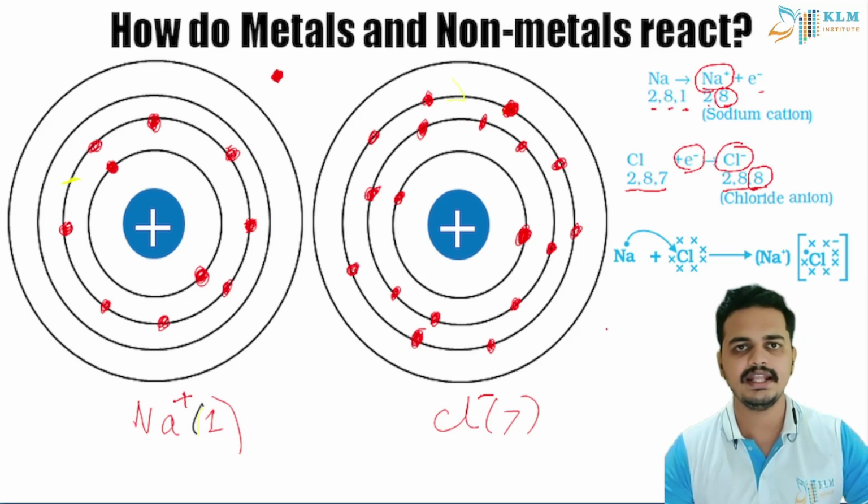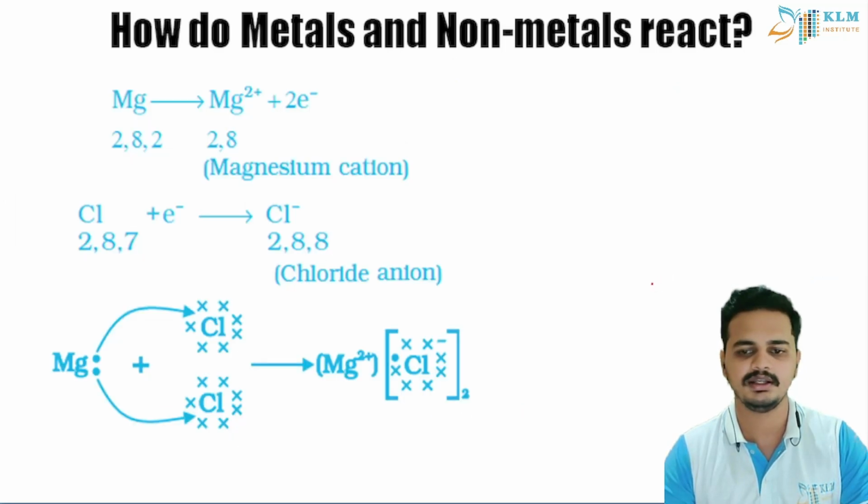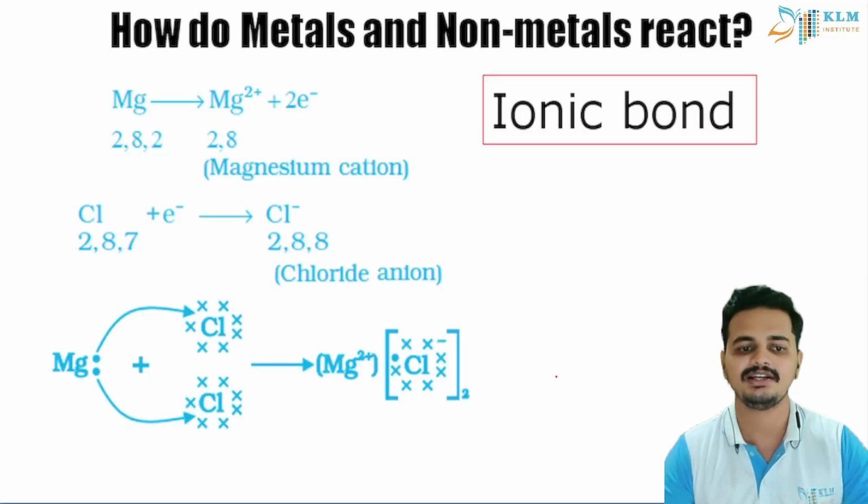So to negate that charge, it should make a bond. So what is this bond called? This bond is known as an ionic bond, students. So what is an ionic bond? You can tell simply, a bond between a metal and a non-metal is an ionic bond.